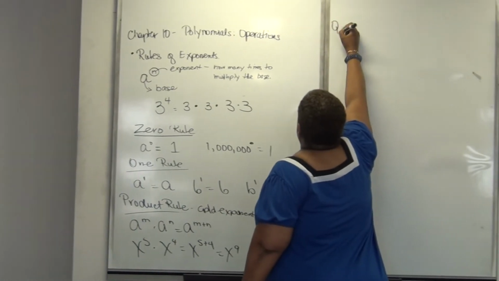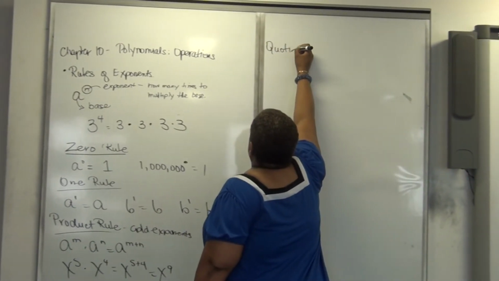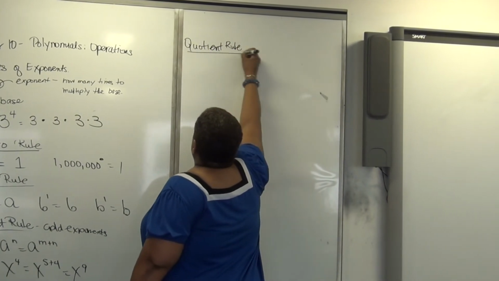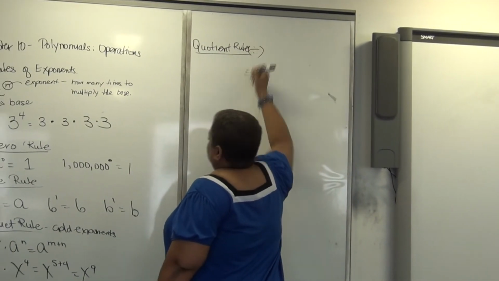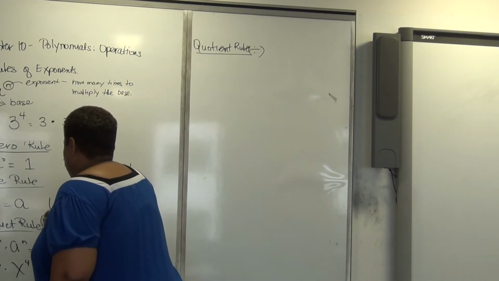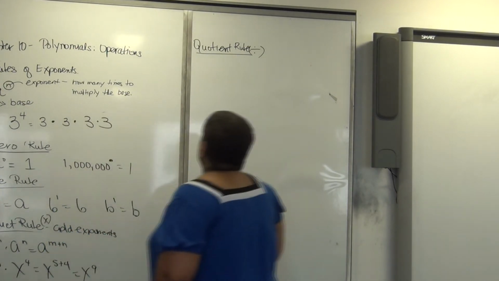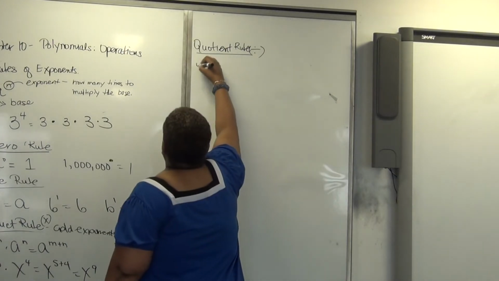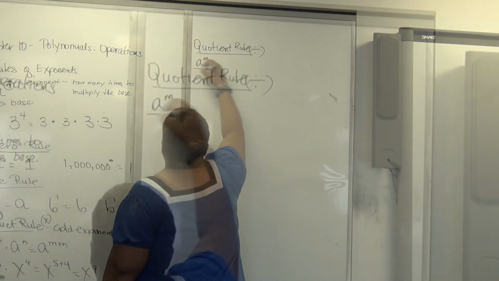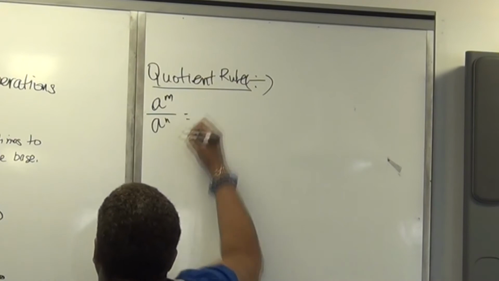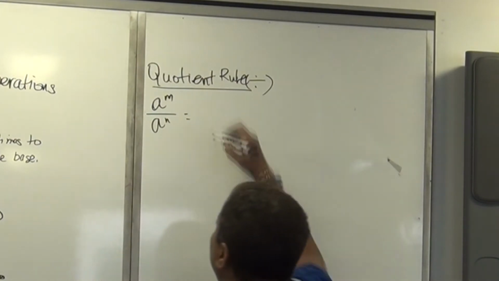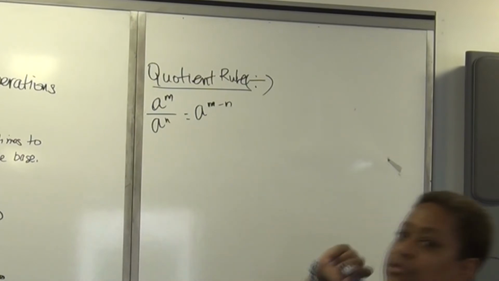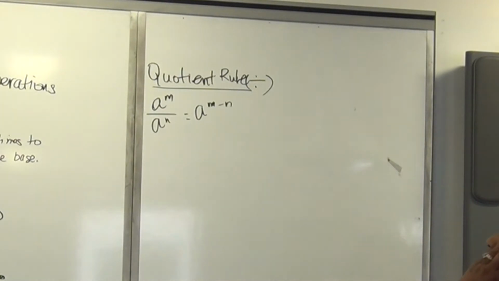Then we have what is known as the quotient rule. The quotient rule, that's division, product rule, multiplication. Quotient rule, we divide, and it says we're going to subtract the exponents.